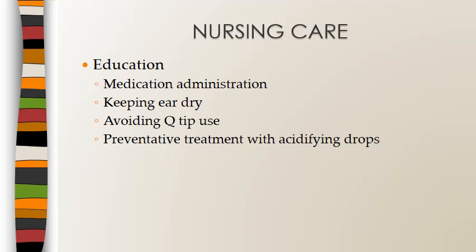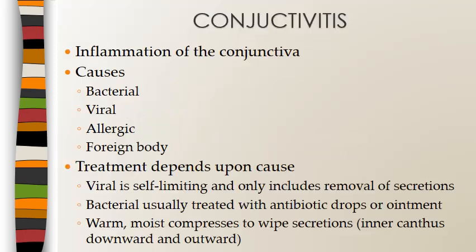We want to keep the ear dry. We want to avoid Q-tip use and use preventative treatment with acidifying drops so that the inside of the ear doesn't get kept wet.